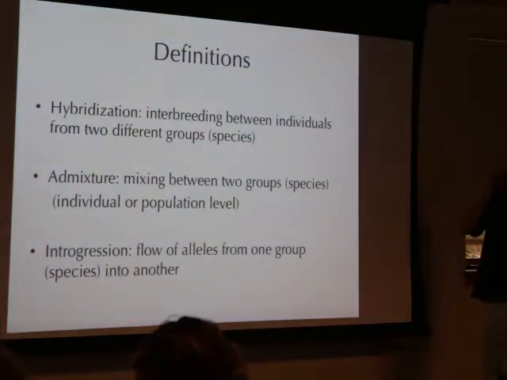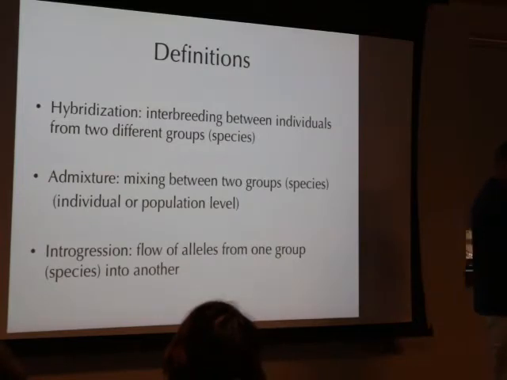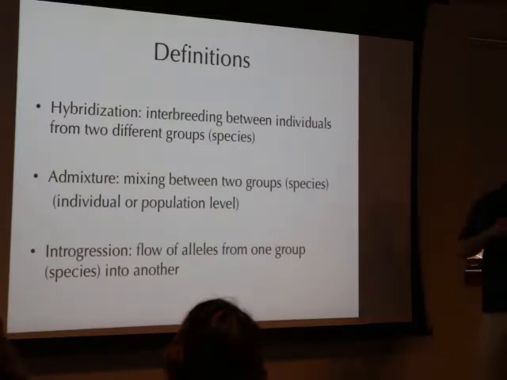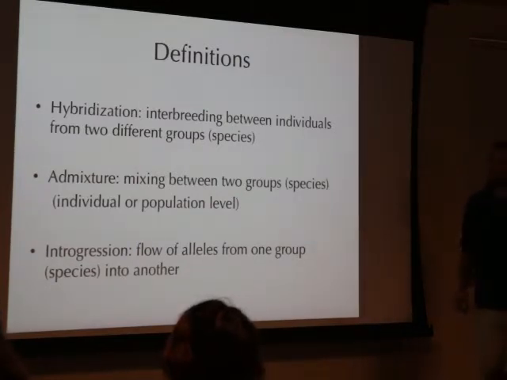So just to think a little bit, some definitions first. These words hybridization and admixture and introgression get thrown around and treated in some cases as if they're synonymous. They certainly have plenty of overlap, but there are some important distinctions. I don't present these as the best possible definition or even very good definitions of these terms. I'm sure you can come up with better ones.